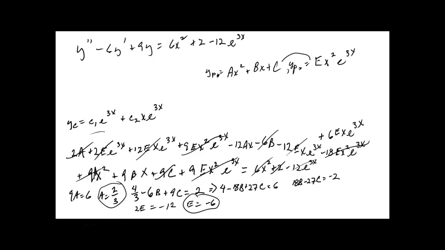Now let's look at our x terms. We have minus 12 times a. So that is minus 8, isn't it? Since a is 2/3 and minus 12 times 2/3 is minus 8, right?